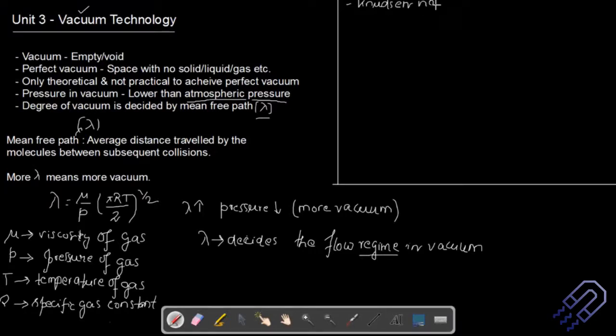This Knudsen number is usually denoted as Kn, and it is used to categorize the flow regime, that means to which category it belongs. Is it a turbulent flow, a streamlined flow? These are the regimes we're talking about: flow regimes in vacuum.